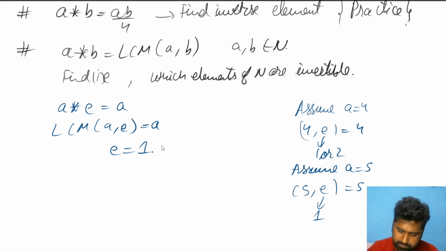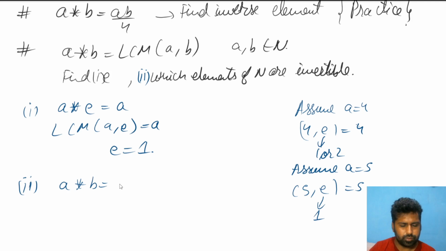All right, this is part 1. Now for the second part, we have to find a star b equal to e. So the LCM of the 2 numbers a and b should be 1.